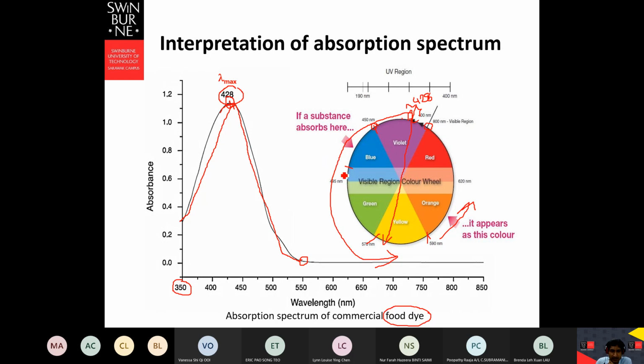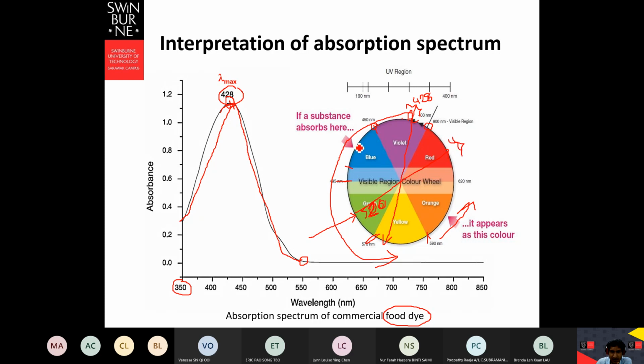Okay, and if it absorbs a wavelength of light of, let's say, 500 nanometer, because 495 is here and 570 is here, so let's say 520 nanometer to be more precise, our eyes will see the color red.